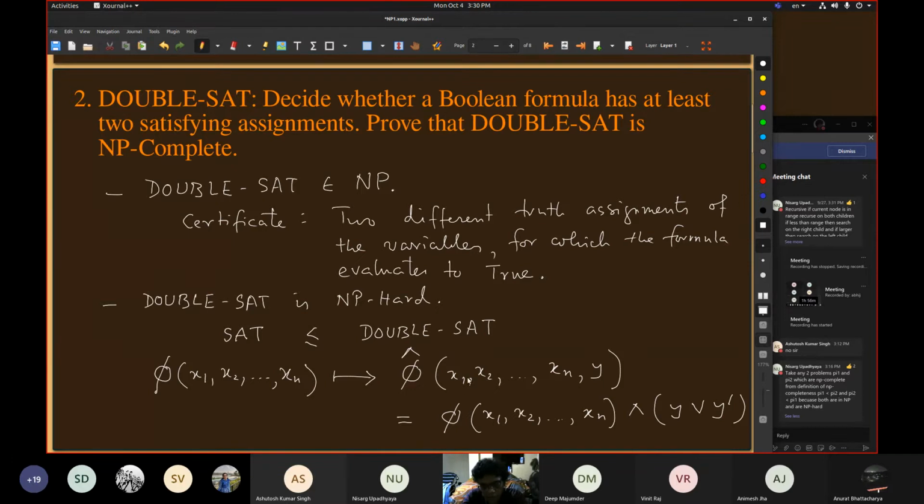And if this belongs to the accept instances, this also belongs to the accept instances of the source problem. And the final thing you have to establish is that the reduction or the conversion of the input instance of this to the input instance of this should be doable in polynomial time.